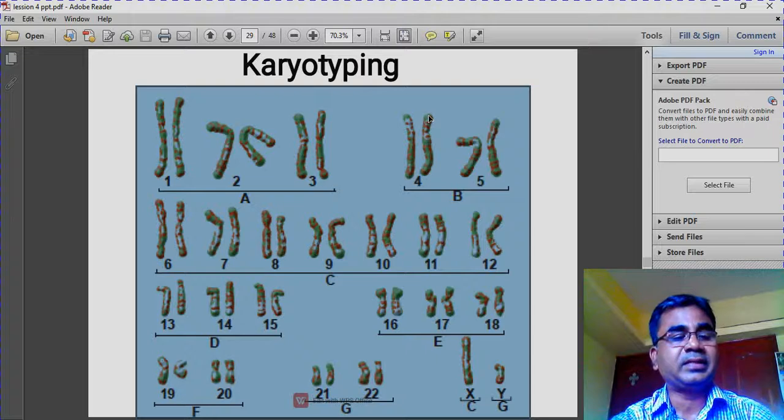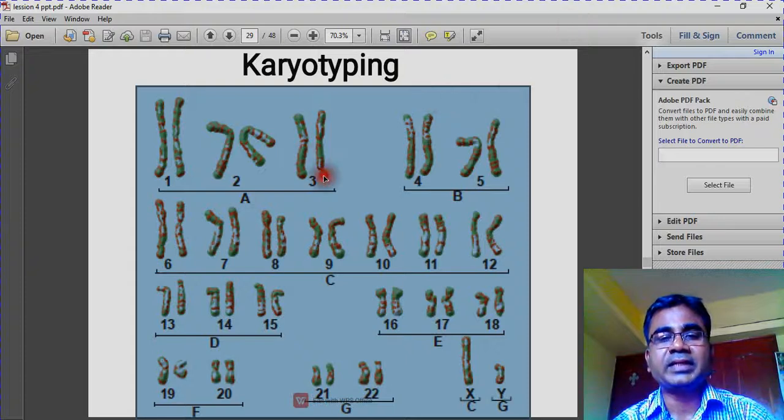And next, genetic diseases can also be detected, because these genetic diseases will be transmitted to the next generation. So in Western countries, before marriage, they verify the karyotype.